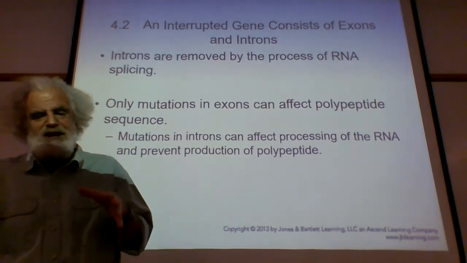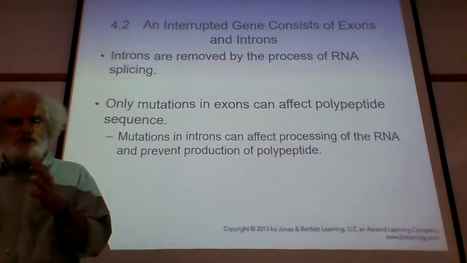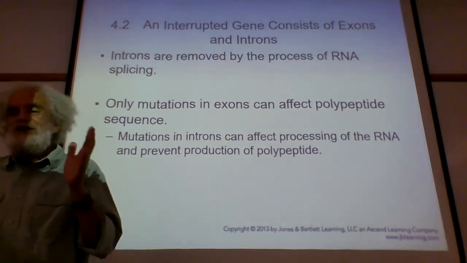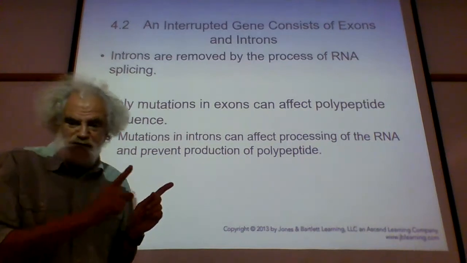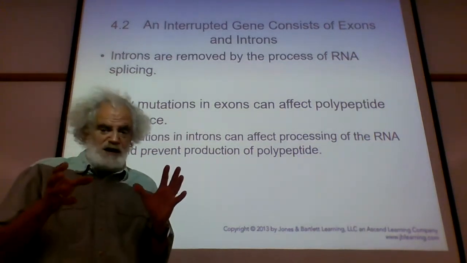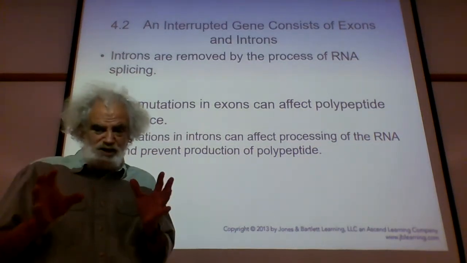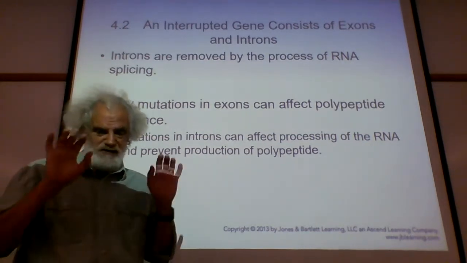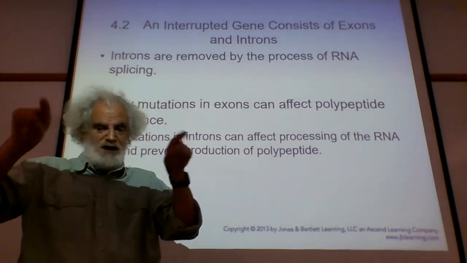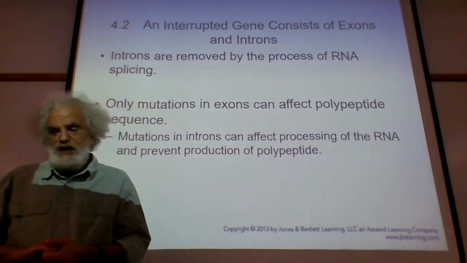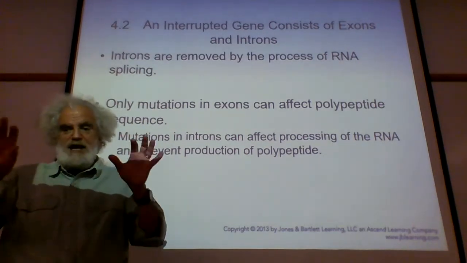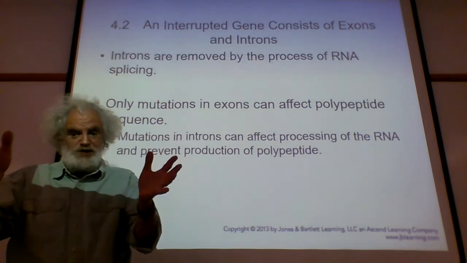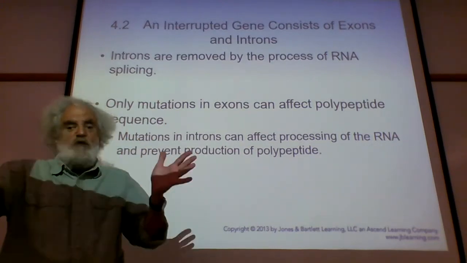Mutations in exons are going to affect the protein sequence. Mutations in introns, as we mentioned before, a common single nucleotide mutation is a mutation that affects the splice site. There are these invariant nucleotides at either end of the intron, and if you change them, that intron is not spliced out.